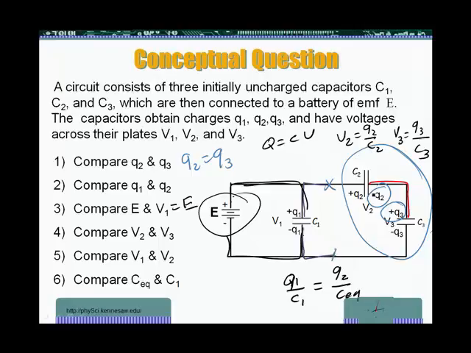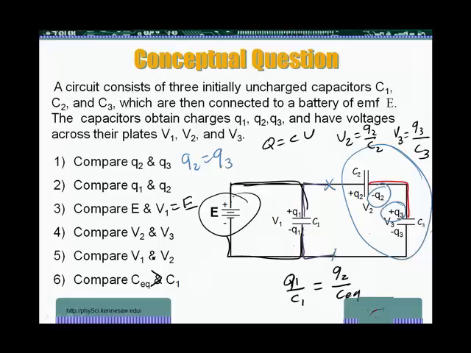The equivalent capacitance of C2 and C3 is smaller than either of them, but the equivalent capacitance of C1 and this equivalent capacitor is going to be larger than C1 since it is in parallel to C1, and we add up capacitors when they are in parallel. So this is larger. Okay, so that's all we can say about this problem.